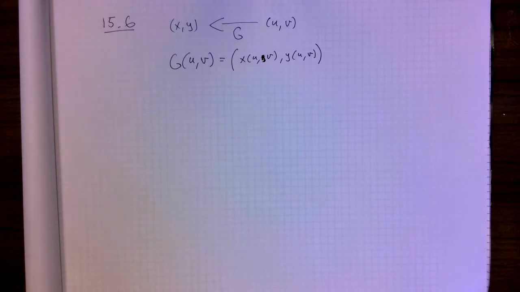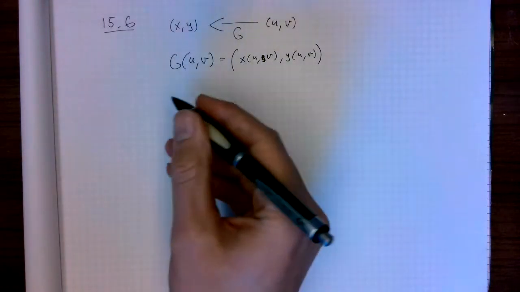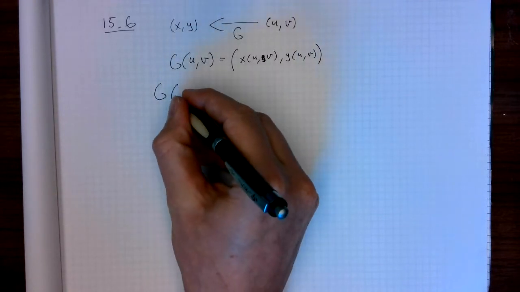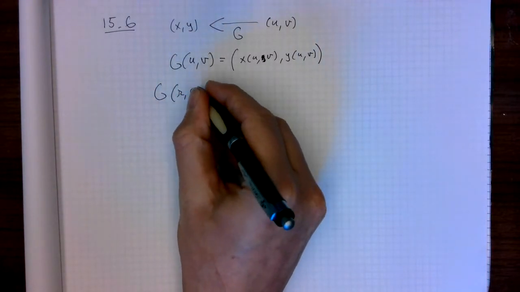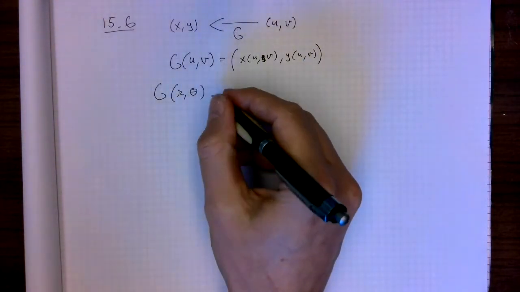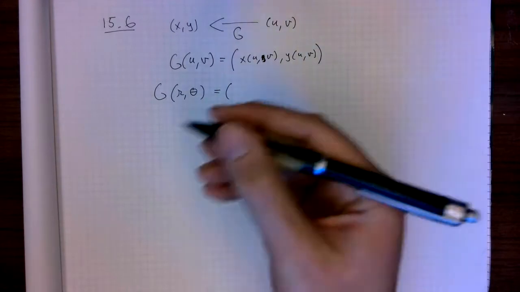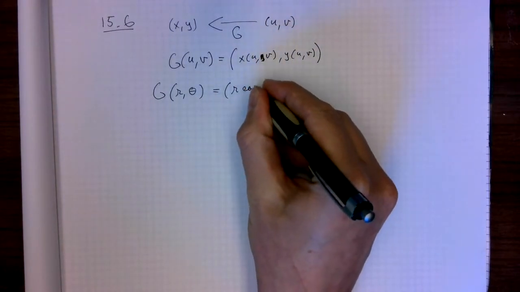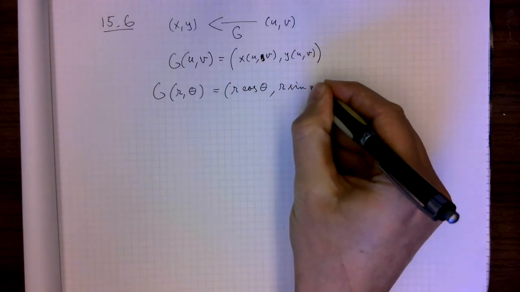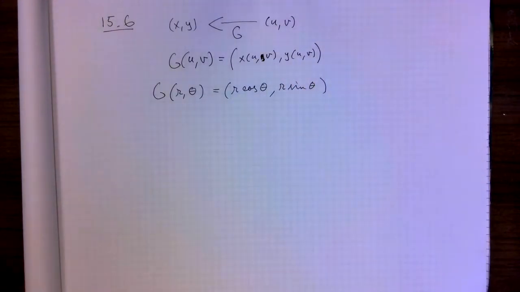How does this work? For example, for the polar coordinates, that g was our u, v. Well, let's call them r and theta instead of u and v, and x was r cosine theta, and y was r sine theta. So that's the way it worked for polar coordinates.